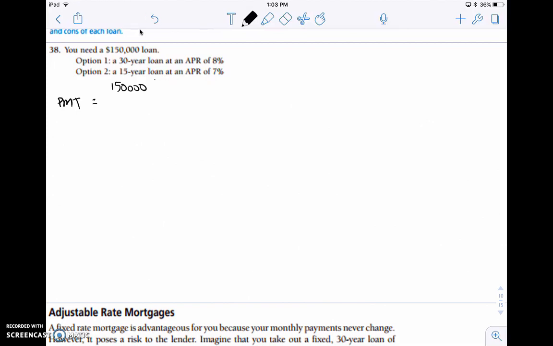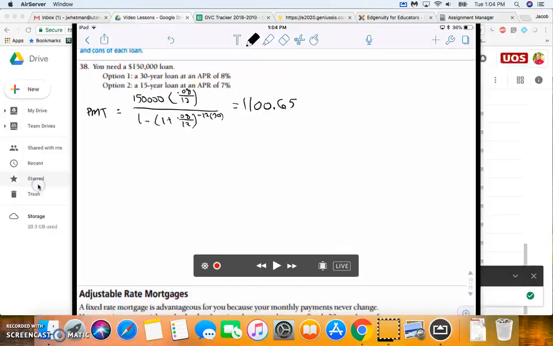When I multiply all this out, I get $1,100.65. And that's going to be the payment on the 30-year loan at 8%.